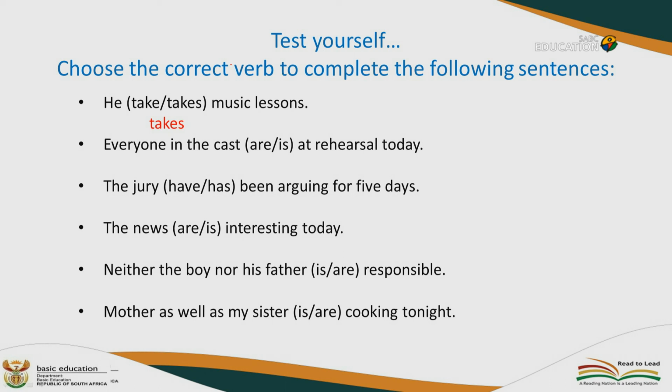Here are some more sentence examples. Everyone in the cast, the jury, the news, neither the boy nor his father, mother as well as my sister. I hope you got these correct.